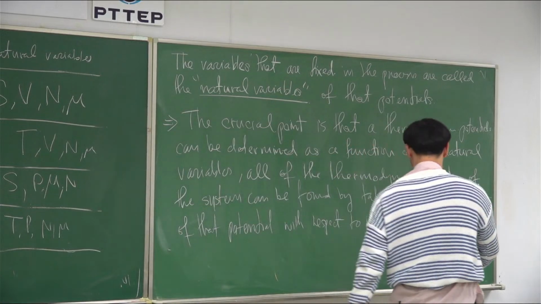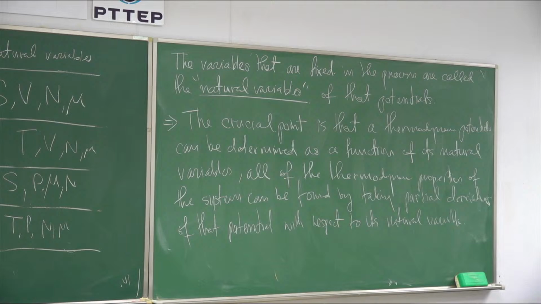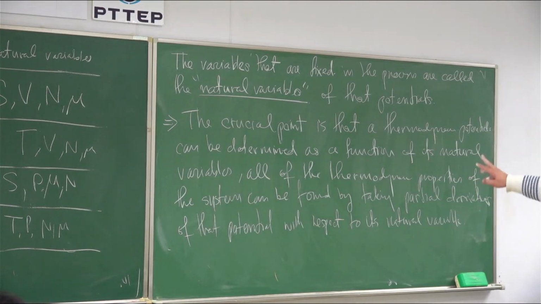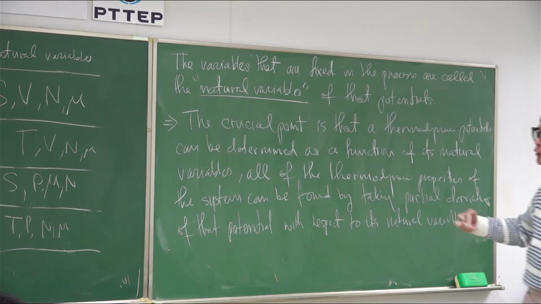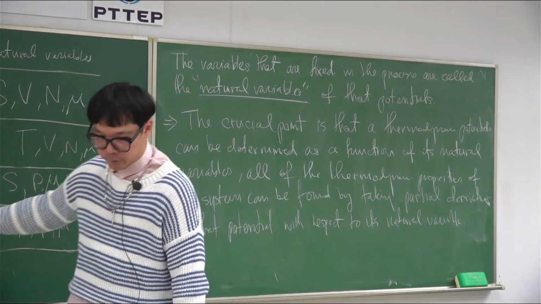Yeah, that might be all. That's enough. Okay. That is the thing that I'm going to say. So it means that it depends on your setup, which set of variables you need to fix, right?